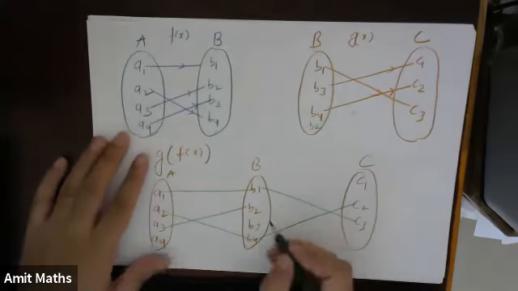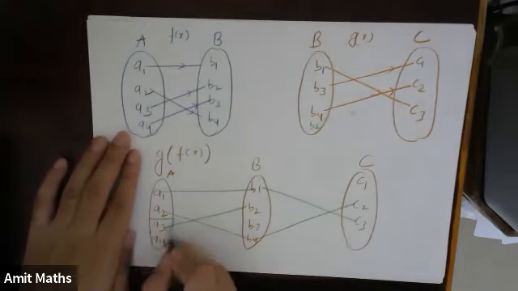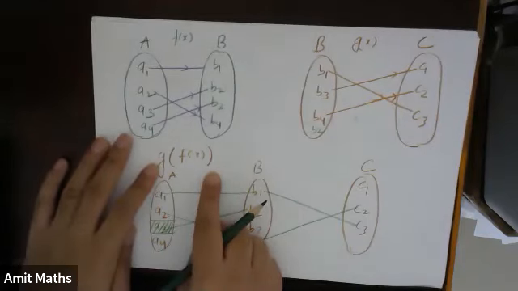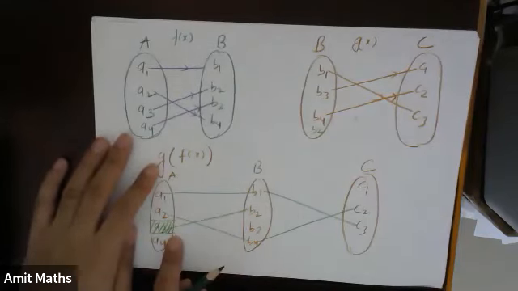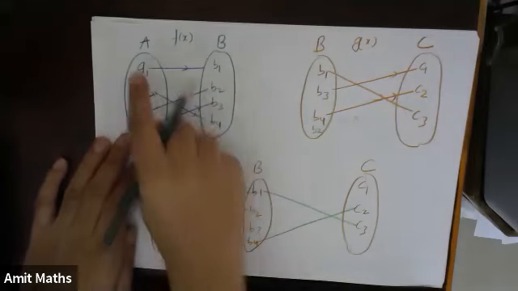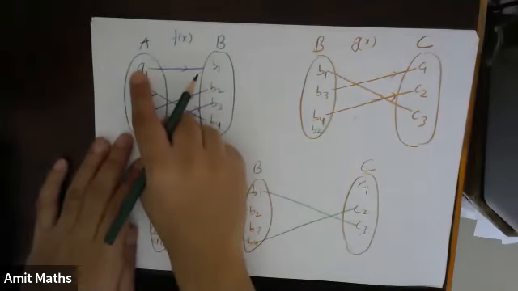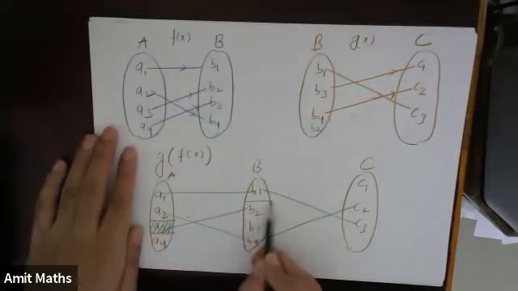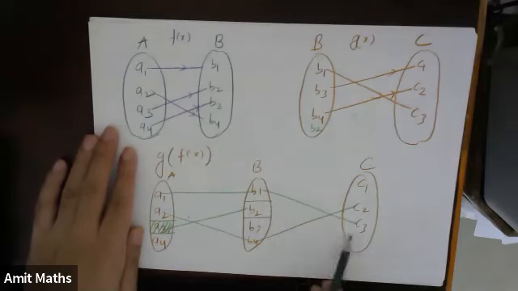So we will remove A3 from the domain of g of f of x. We'll remove A3 from set A itself. Why are we removing that? Because this A3 will be linked with B2, but B2 will not have any image in set C.